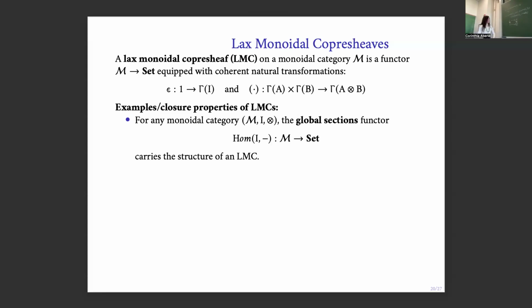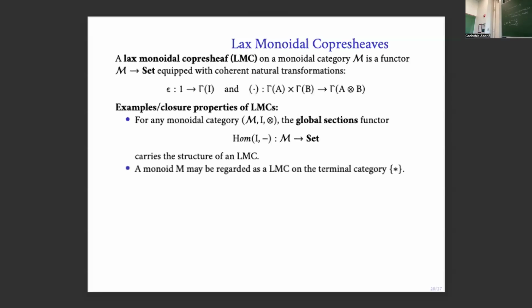So now we have one from I cross I to A cross B. But then since I is the monoidal unit, I cross I is just isomorphic to I. Yep. So that's first of all this global sections functor, which is going to play a key role here.